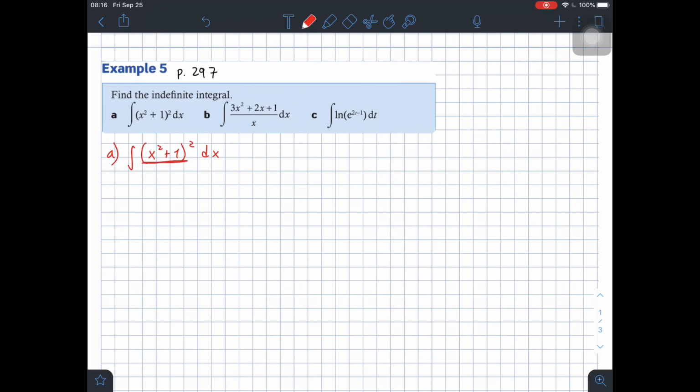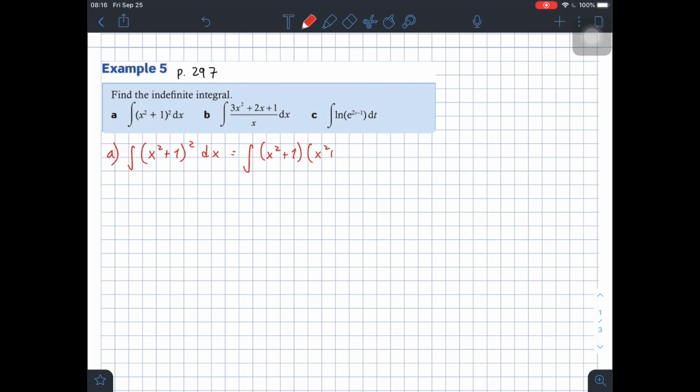Why expand this? Because when working with integrals, there's no chain rule like we had in derivatives. So we cannot apply any type of chain rule here. We would have to expand this and then solve the integral normally, right? If we expand this, remember this is the same as saying the integral of x squared plus 1 times itself, right?